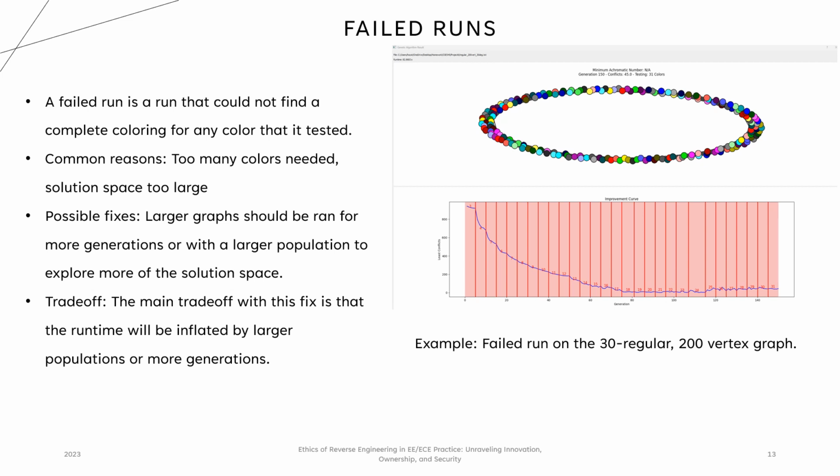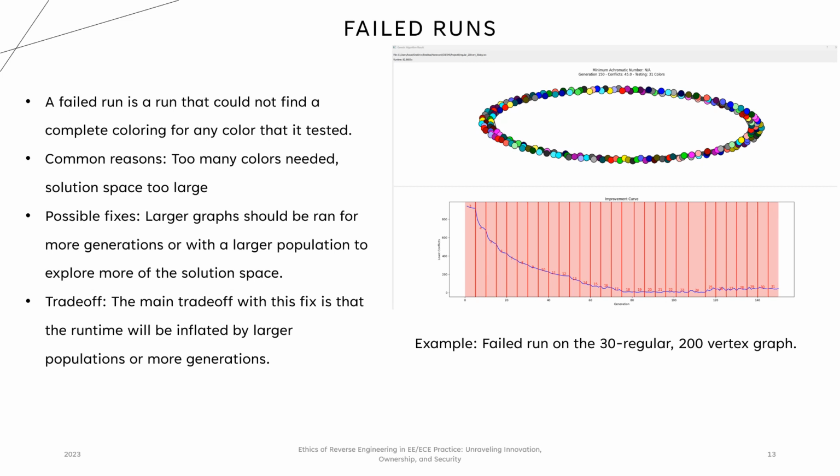Common reasons for this are that too many colors were needed for the complete coloring, and that many colors wasn't able to be reached in the amount of generations given for the algorithm. Or the solution space could have been too large and it wasn't explored fast enough, and the number of colors that could have created a complete coloring were passed up before that complete coloring was found.